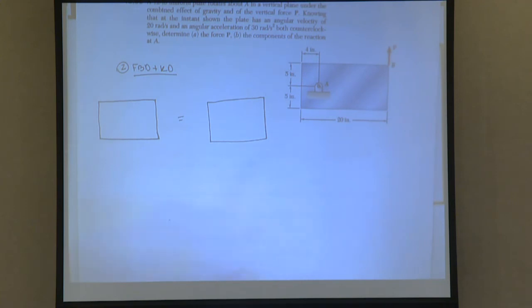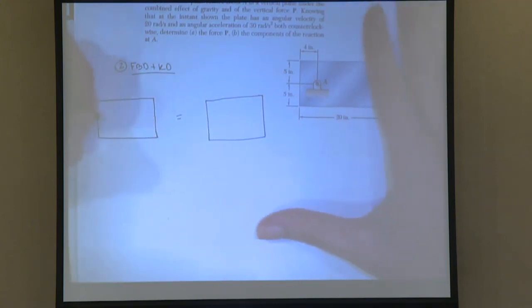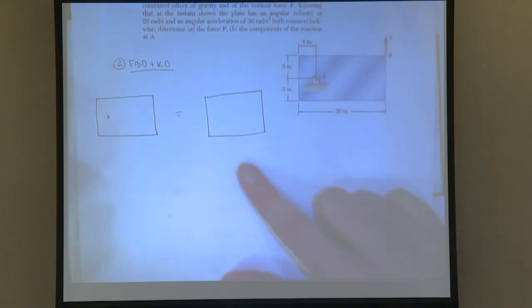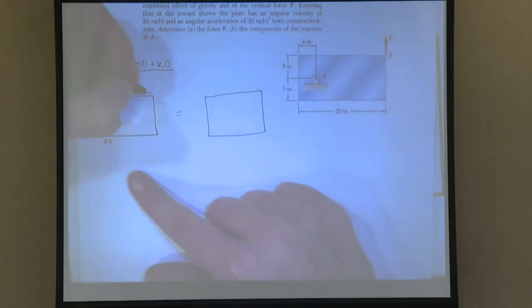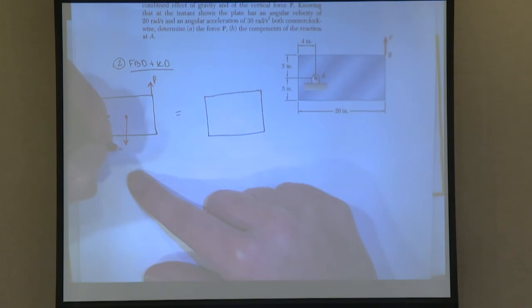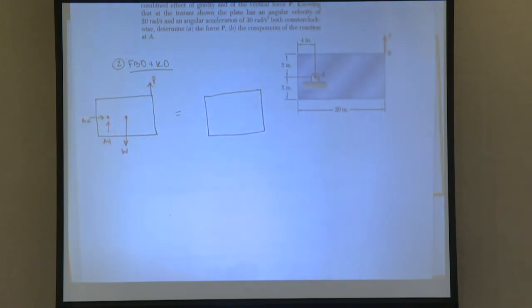For my free body diagram, we said that it's rotating about A, so A is located here. We're going to have the components of reaction at A. So I have AY, I almost put AX, and then I have AX. I also have the force P, that's pulling it up. And then I have the weight of the plate, and that's at its center.